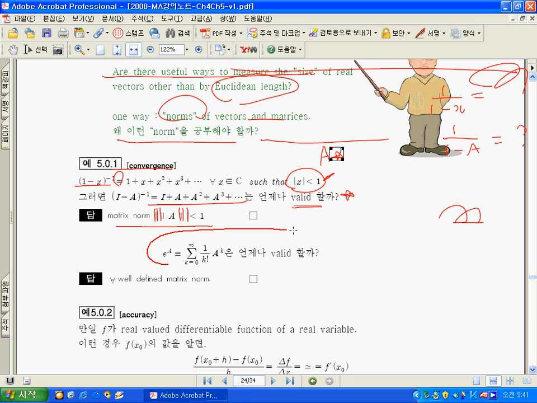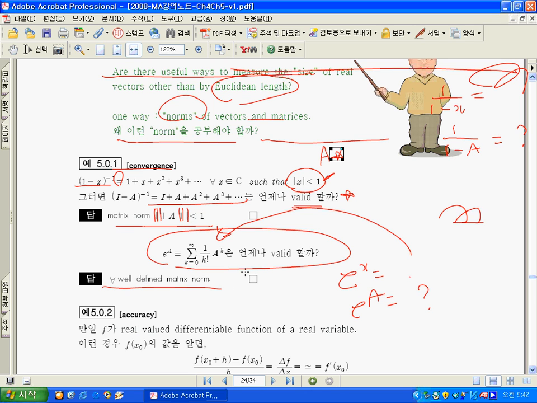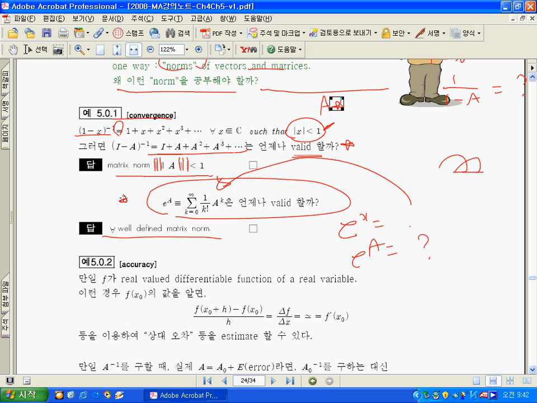And this, e to the x, we know what it is. Then what about e to the A? Can we use the same polynomial expansion like we had for e to the x? The answer is yes. It is valid for all well-defined matrix norms, like what we had for reals.